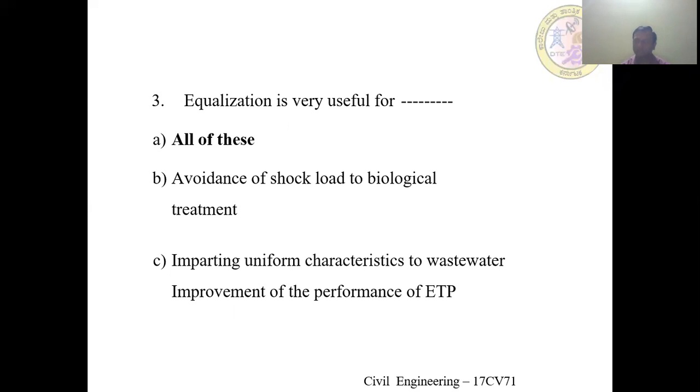It breaks up sudden shock loads and gives uniform characteristics of water, so that performance is maintained in biological treatment, where a uniform BOD gives higher efficiency. If the characteristics of the inflow vary, it is affected.